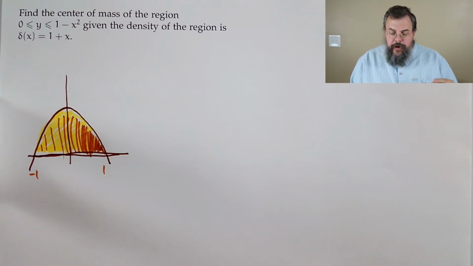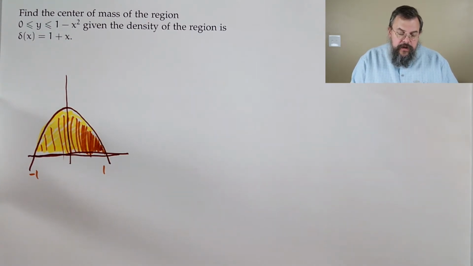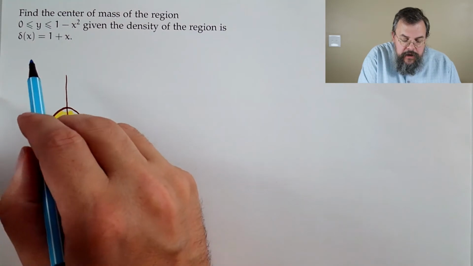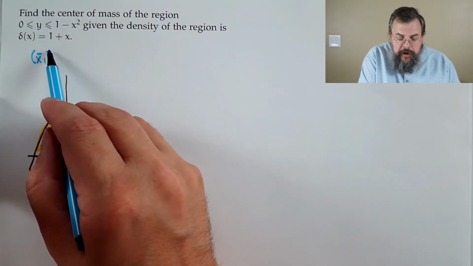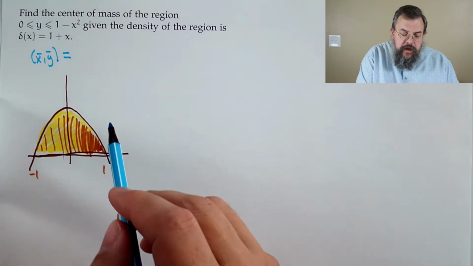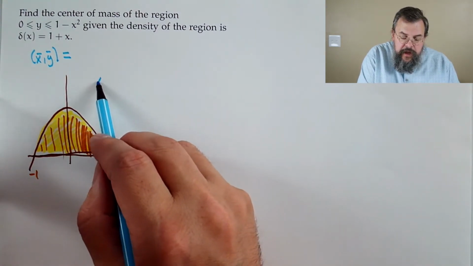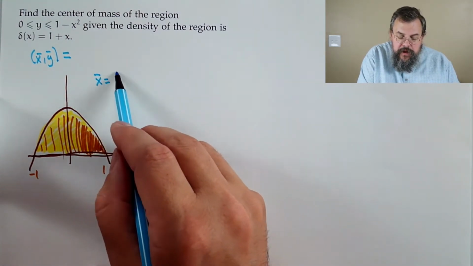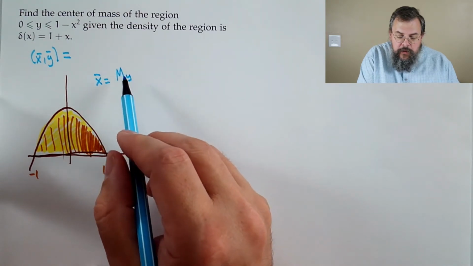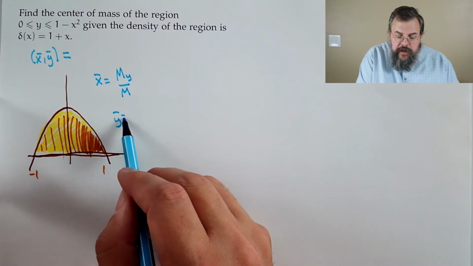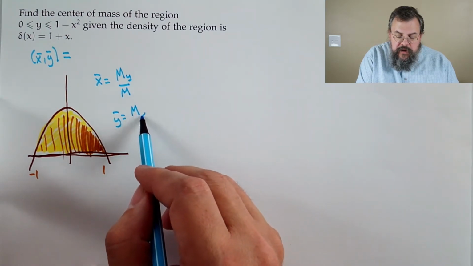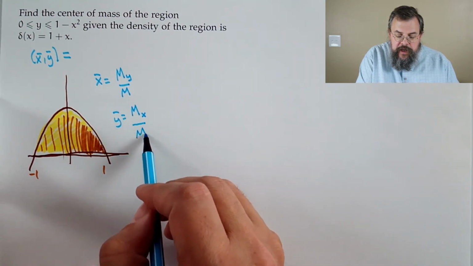So, what are we going to find? We're after our center of mass, so that's our x bar, y bar. And we know that x bar is the moment with respect to the y-axis over m, and y bar is the moment with respect to the x-axis over m.